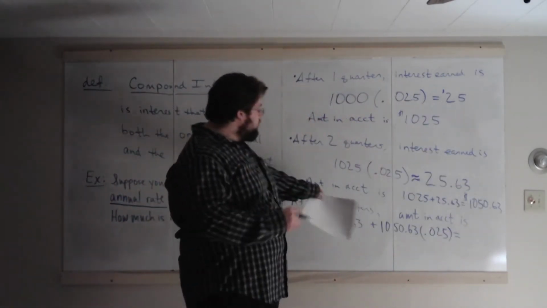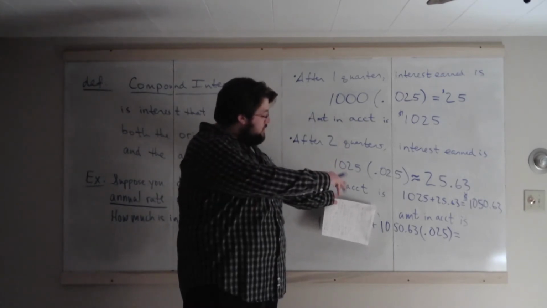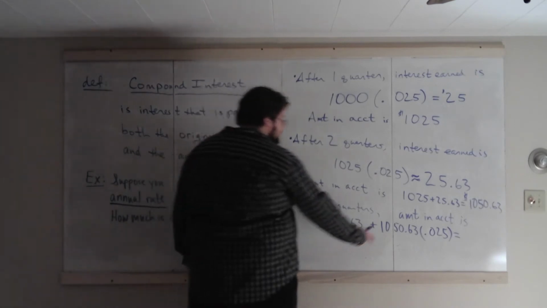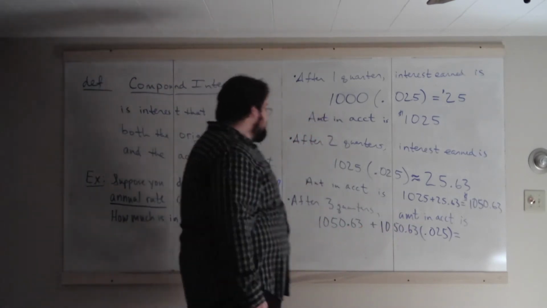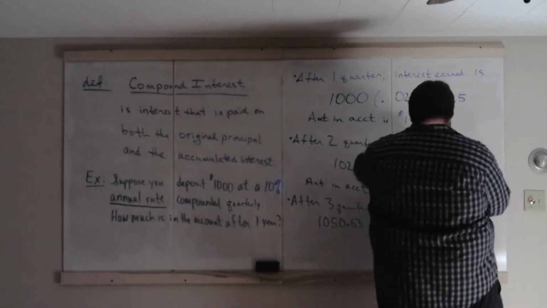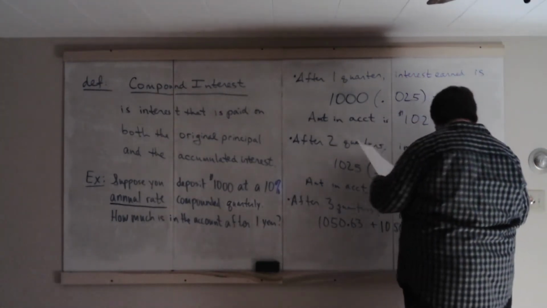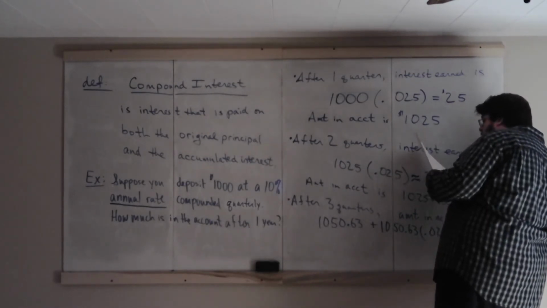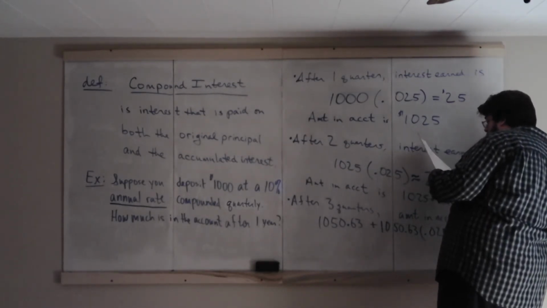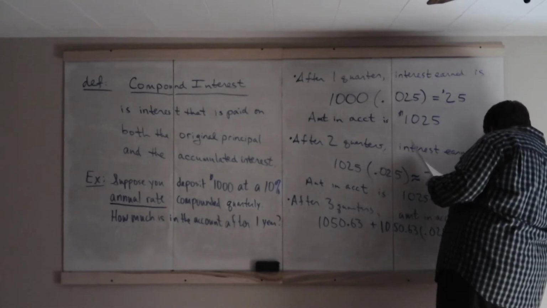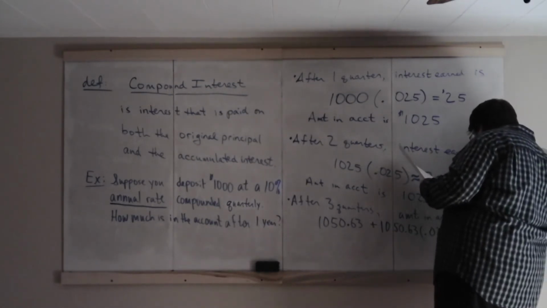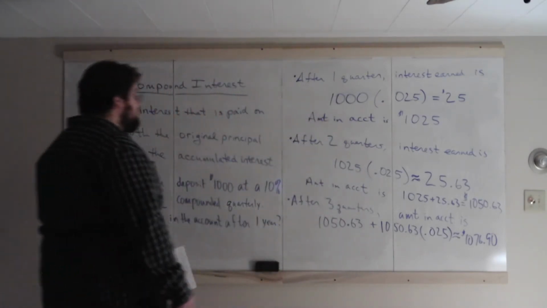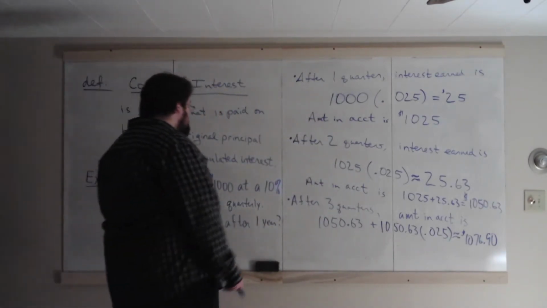So the interest earned in 3 quarters is that amount, 1,050.63 times 0.025, and then the amount in the account is the interest plus the original, and that adds to 1,076.90, and that's an approximate too. Okay, great. That still didn't answer what we want.